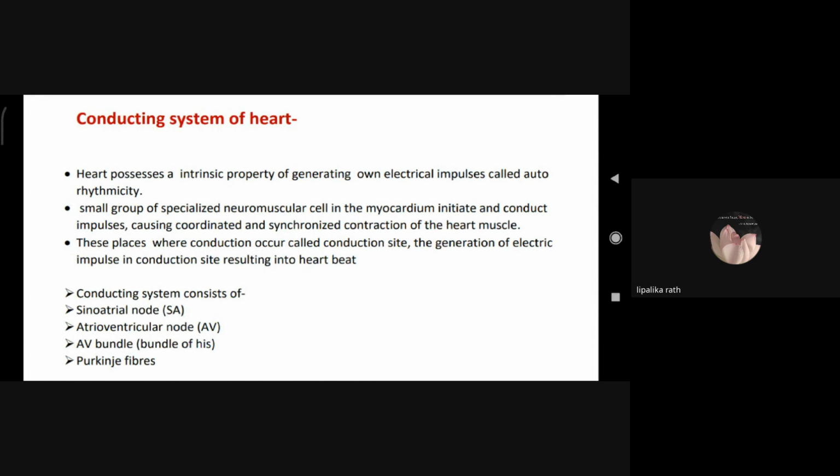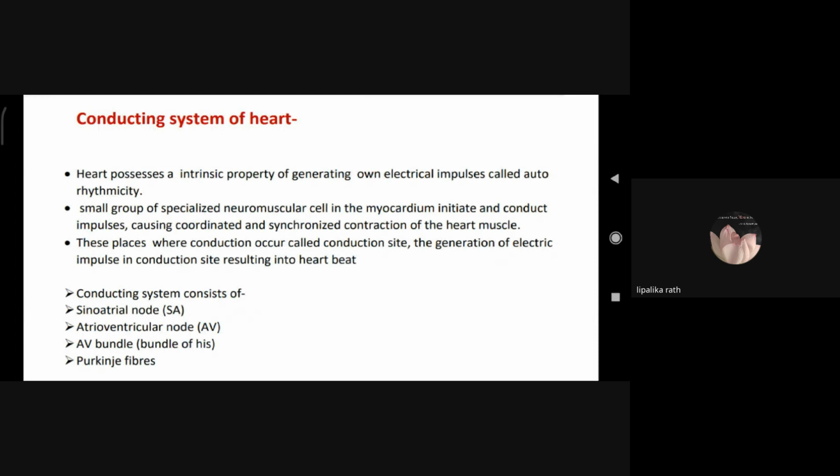So where is the conduction occurring? For the first time it occurs in the sinoatrial node, that is the SA node. The SA node initiates the electrical impulse, starting the conduction. These are specialized neuromyocardium cells.